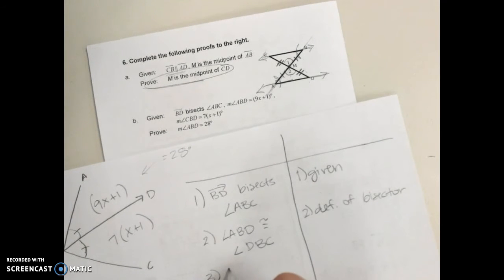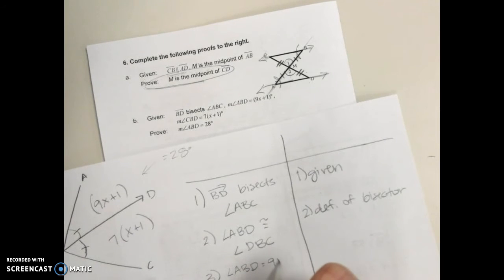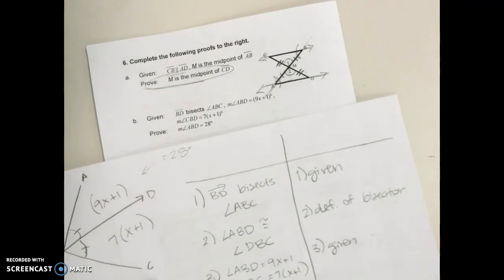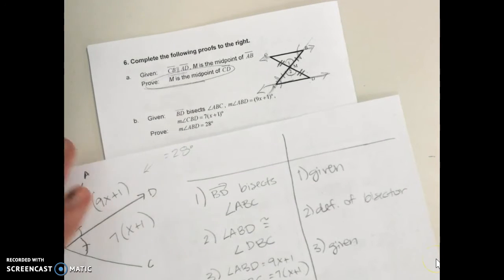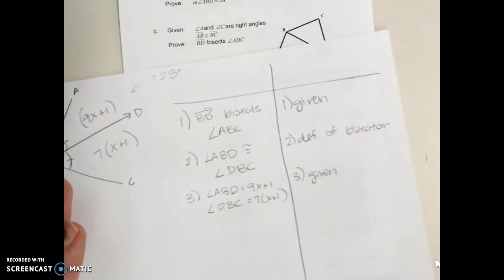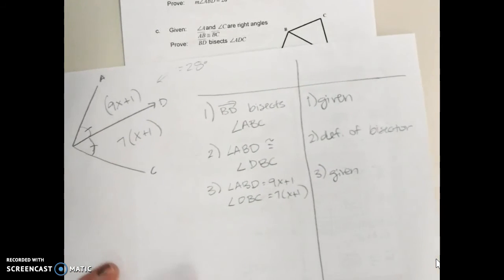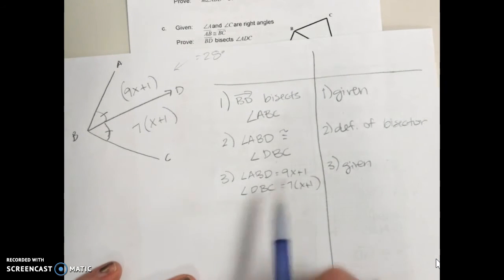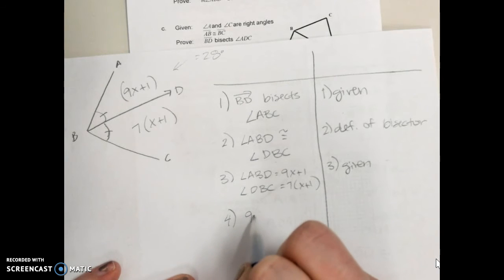Then I know that angle ABD equals 9x plus 1, and angle DBC equals 7x plus 1, and that was given to me. So we don't really need this right now. Okay. So then from there, these are congruent. I know what they equal, so I can substitute them in.